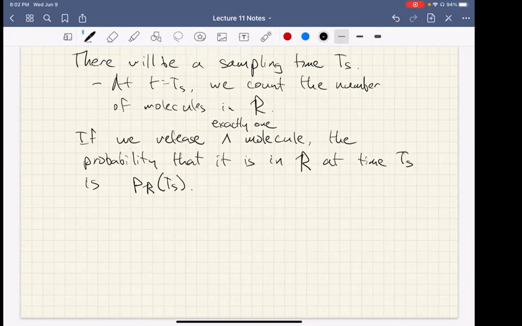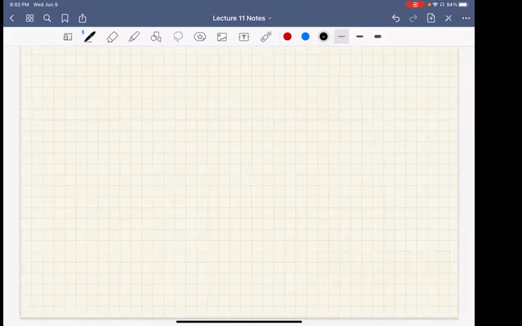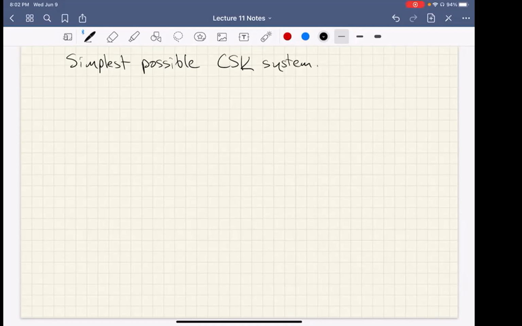Okay. So how does this become a communication system? Let's consider the simplest possible expression of concentration shift keying. It is basically on-off keying with one molecule.